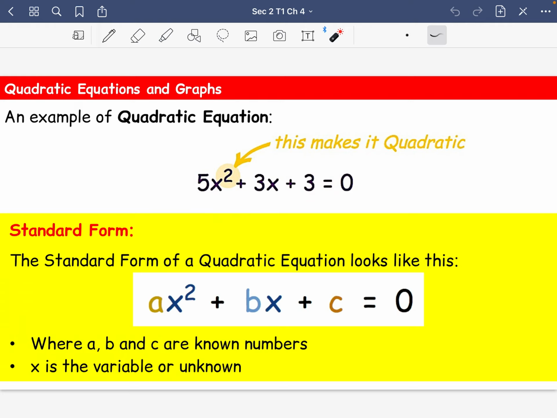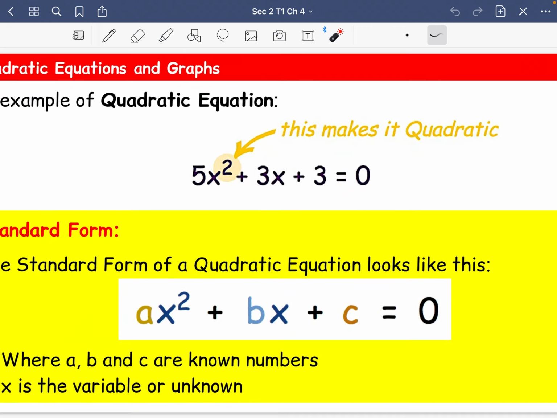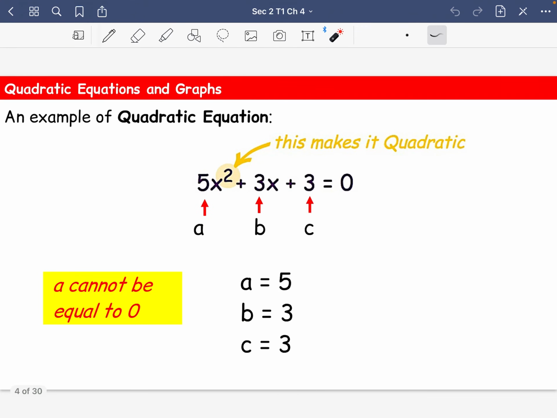Now, there's a standard form for quadratic equations in the format of ax squared plus bx plus c is equal to 0, where a, b, and c are numbers. For this example here, what are the values of a, b, and c? a here is 5, b here is 3, and c here is another 3.